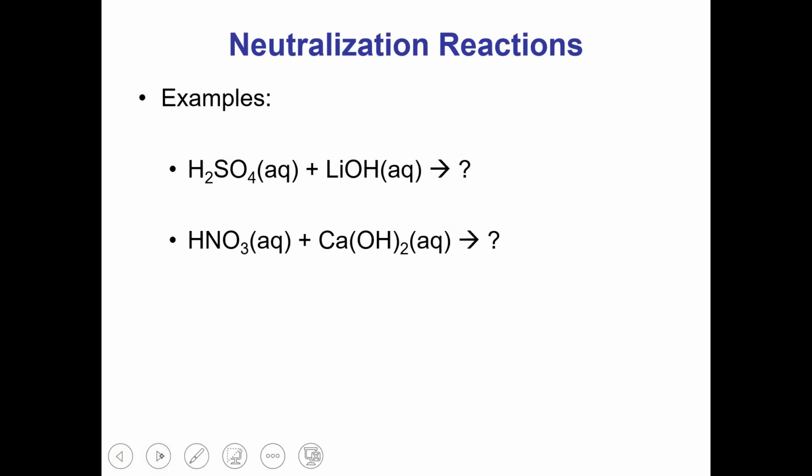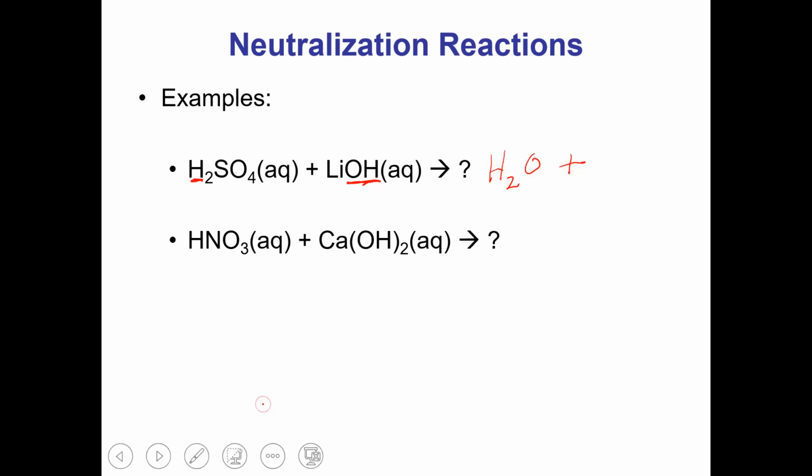So let's take a look at a couple of examples here. If I look at the first reaction, if I take the hydrogen from H2SO4 and the OH from lithium hydroxide, that gives me my water.